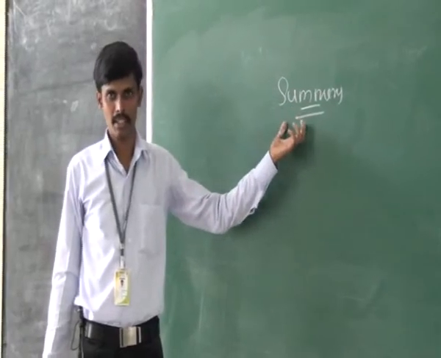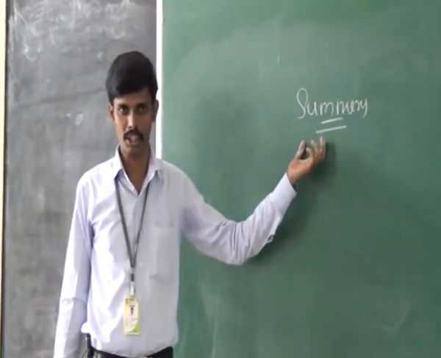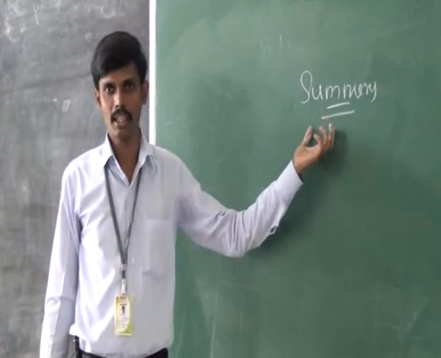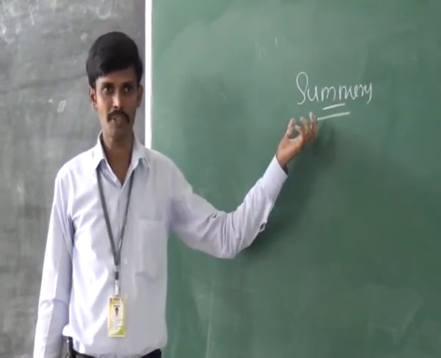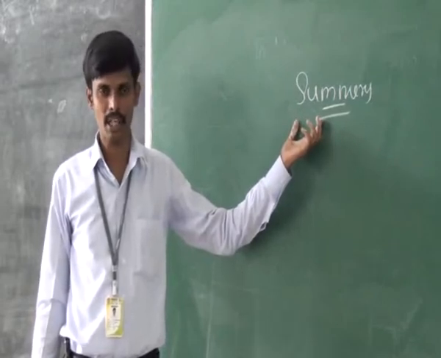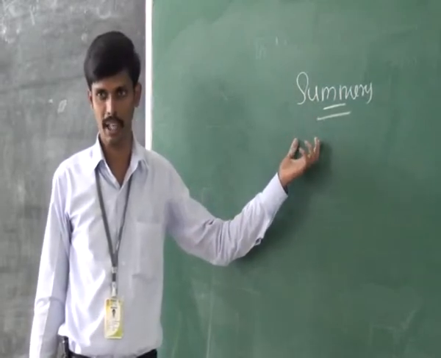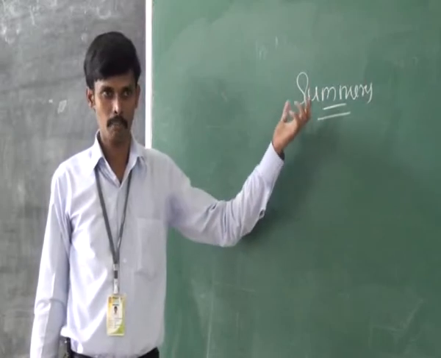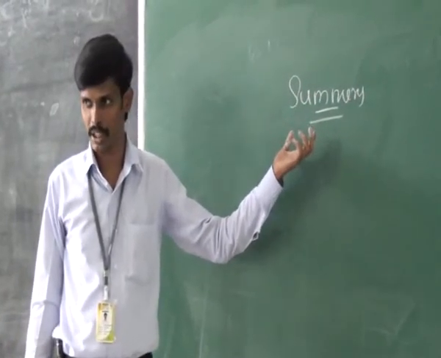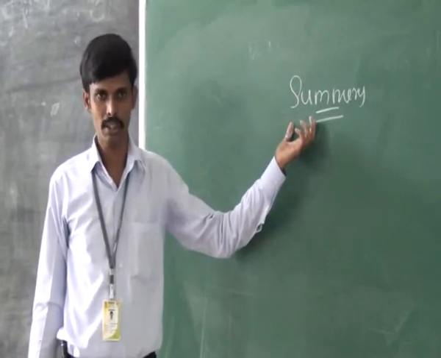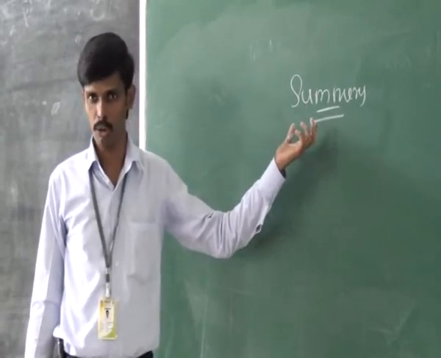The next one is subtractor. Subtractor is also a combinational circuit that performs the subtraction of two binary numbers. Subtractors are classified into two types: the first one is half subtractor, the second one is full subtractor. Next one, multiplexer. Multiplexer is also a combinational circuit that selects the binary information from one of many inputs and directs it to a single output.